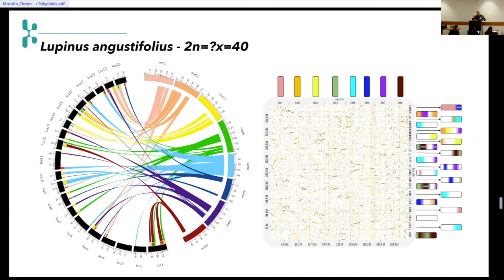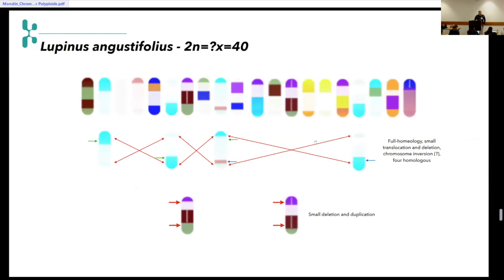One of the points for us is to understand whether we can keep some blocks of the chromosomes across evolution.